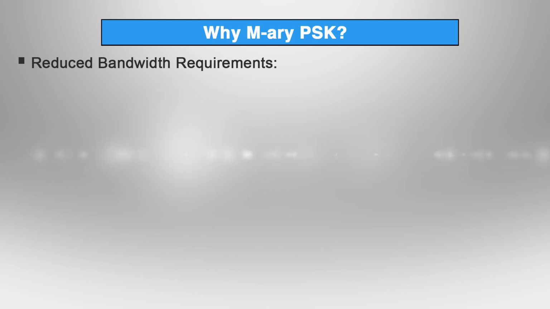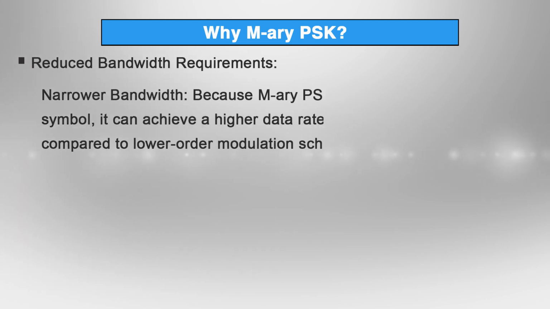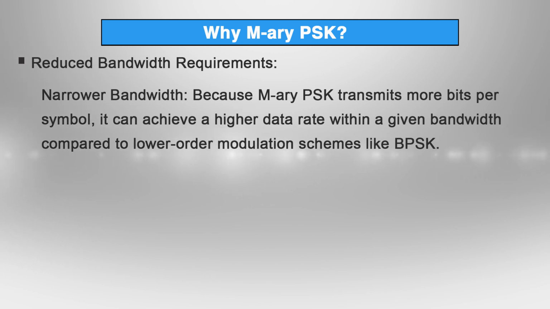Now, the next reason is reduced bandwidth requirement. The bandwidth of M-ary PSK is reduced because it transmits more bits per symbol. It can achieve a higher data rate within a given bandwidth compared to lower order modulation schemes like BPSK.